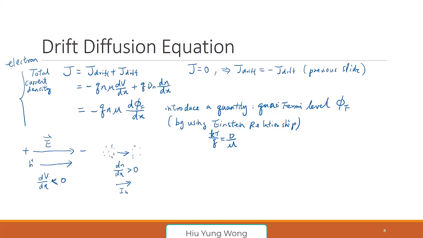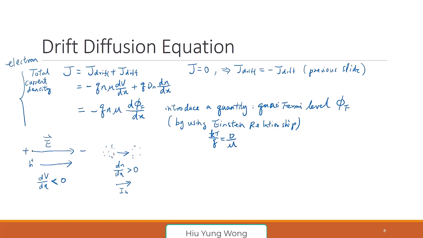Then I got confused. I think one of them has to be swapped. dV/dx, electric field goes from here, so dV/dx is positive. Then the hole goes from left to right. So we have a positive current. But why do I say this is positive?